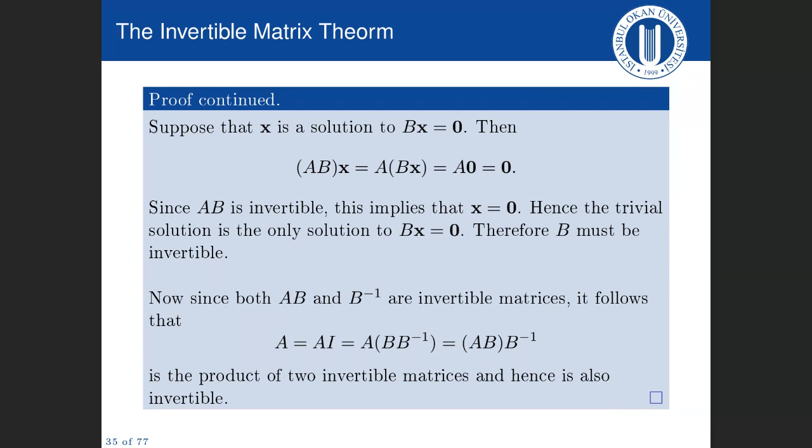So that's an invertible matrix AB multiplied by an invertible matrix B inverse. And as we know from last week, if we have two invertible matrices and we multiply them together, we get an invertible matrix. So therefore, that proves that A is also invertible.